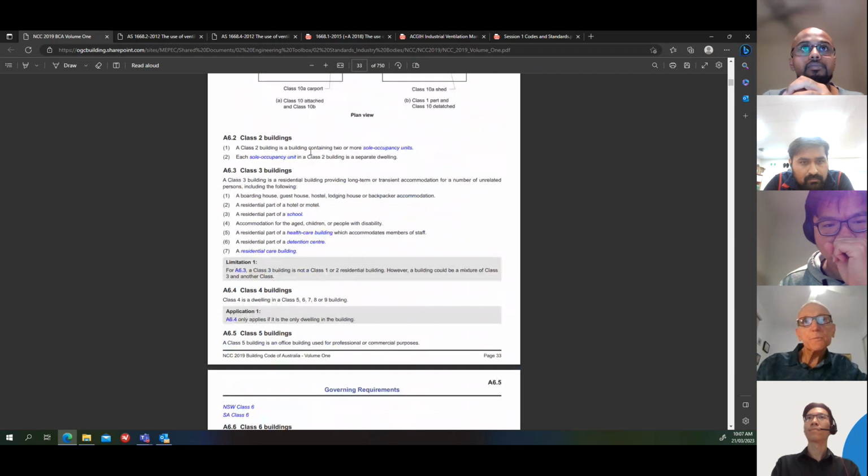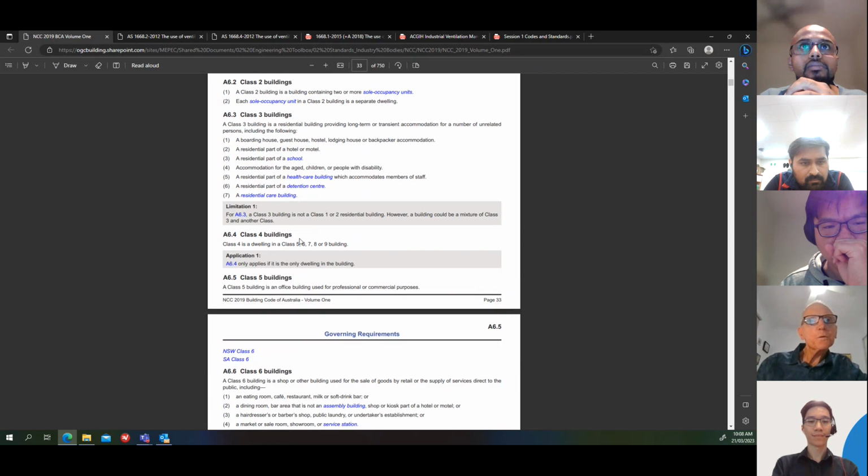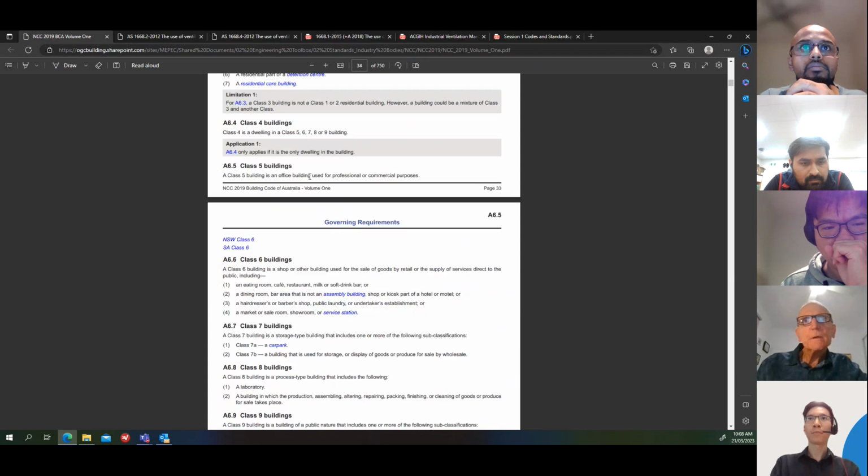Class 2 is really residential building. Class 3 is a residential building providing long-term or transient accommodation, for instance, a boarding house or a hotel, etc. Class 4 is a dwelling in a Class 5, 6, 7, 8 or 9. Sometimes that comes up. Class 5 is a very common one. It's an office building.